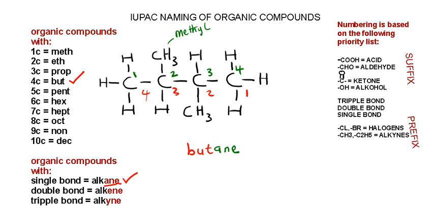And since we have two methyls, it's not going to be methyl, so we're not going to have it as 2,3-methyl butane. 2,3-dimethyl butane becomes the name of this organic compound.